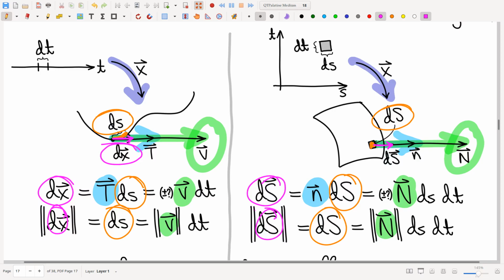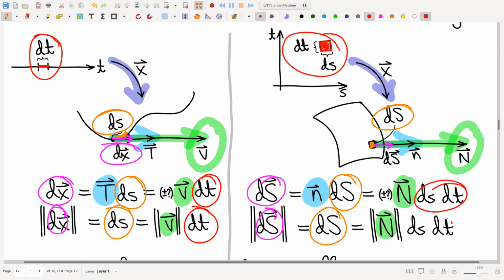Okay, I'll use red. The parameter differentials representing parameter size there, dt. Over here, the size in the parameter space, ds dt, shows up there and there. Also analogous. All the players relate to each other in perfectly analogous ways.